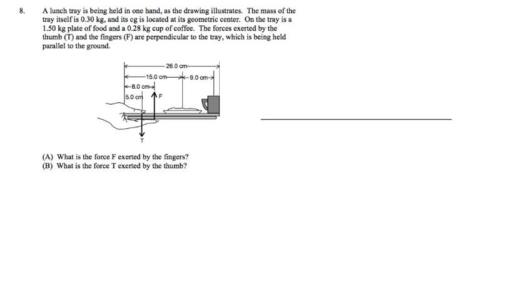If I wanted the cup of coffee in newtons, I would multiply by 9.8. If I want the tray's weight, it would be 0.30 kilograms times 9.8. If I want the plate of food in newtons, I would multiply by 9.8. So all of these you simply multiply by 9.8. So rather than do three of them before I even get started, I'm just going to wait till the end.